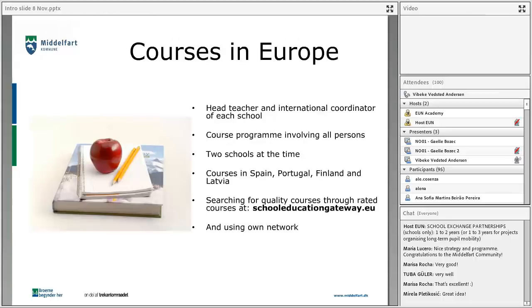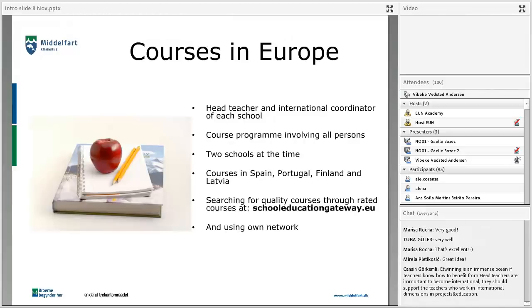Of course, they would gain a lot of knowledge, but they would also have the chance to talk together, because that's another issue. How would they get the time to actually talk about their own strategy for the school? That means that they had a week together. They had a lot of knowledge because we found some very nice courses for them.